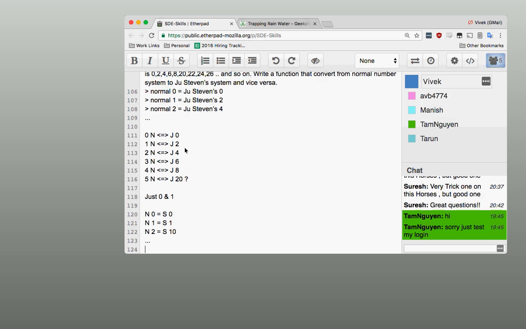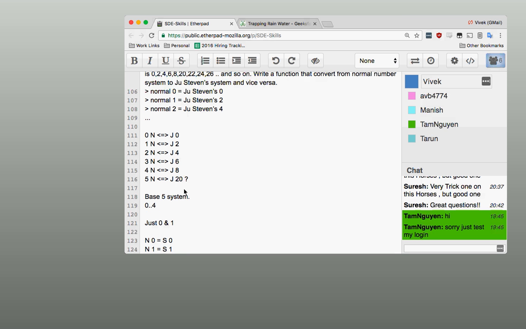So actually speaking, this is nothing but a base 5 system. Yes. In a base 5 system, you use all the digits from 0 to 4.